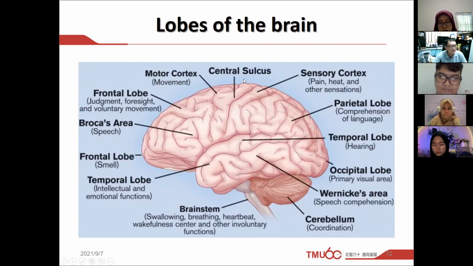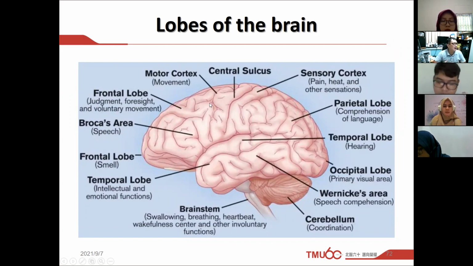These two areas are very important: the primary sensory and primary motor cortex regions. This will direct the movement. And this part, the sensory cortex, allows you to feel pain and temperature change, heat, cold, something like that. And later on, there's another lobe here, which tells you about assisting movement.